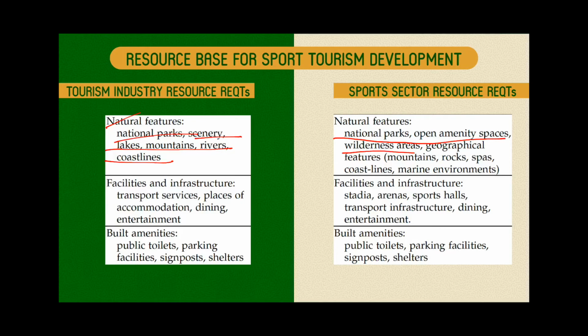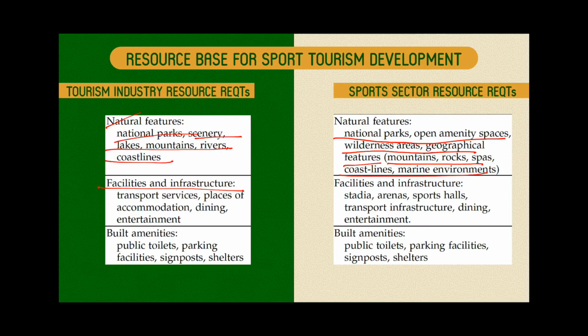We have wilderness areas and geographic features, which are also for adventure tourism and adventure sports tourism. And we also have mountains, rocks, spas, coastlines, and marine environment. So if the tourism committee and the sports committee put their heads together, they don't have to duplicate each other's works.